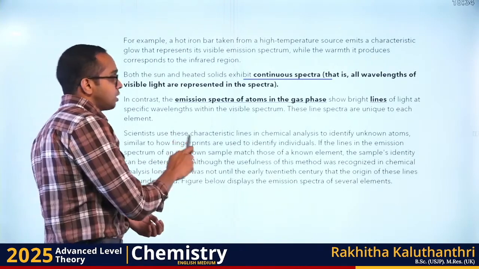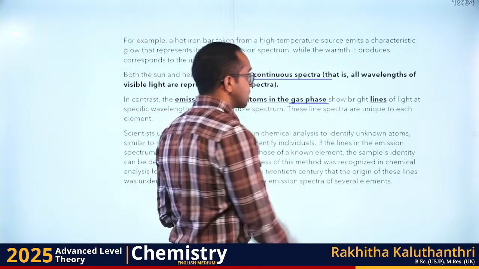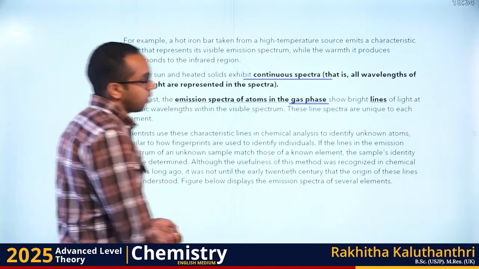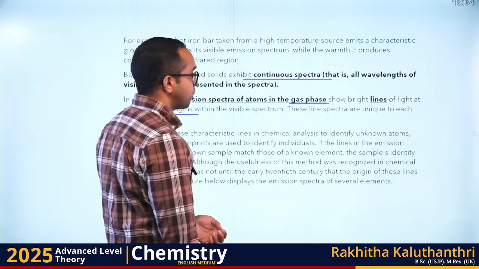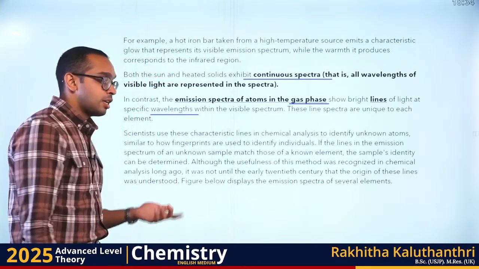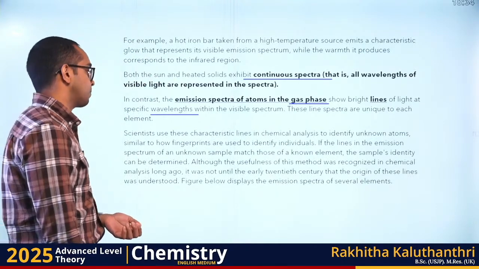In contrast, emission spectra of atoms in gas phase show bright lines at specific wavelengths within the visible light spectrum. These are known as line spectra, and each element has a very specific line spectra.